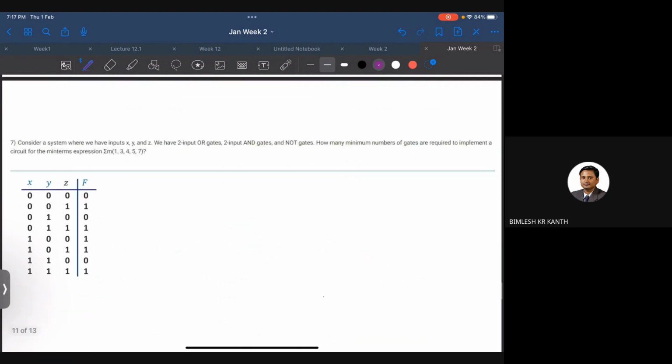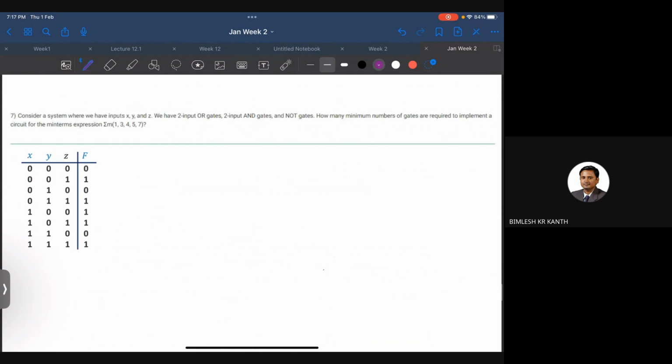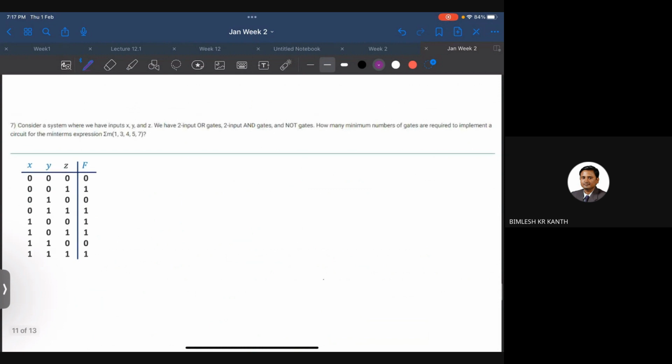So let's write the truth table first, with x, y, z, and f. First, 1 is given. So 1 means 0, 0, 1.